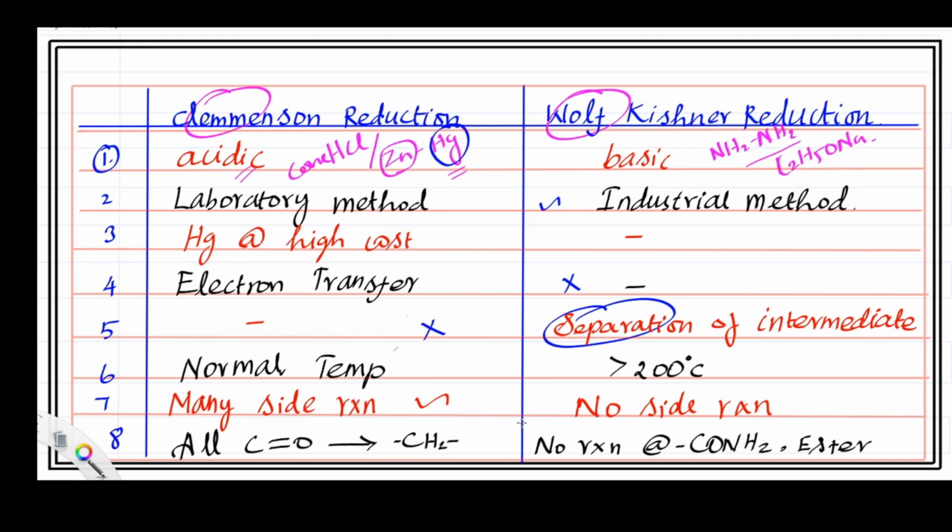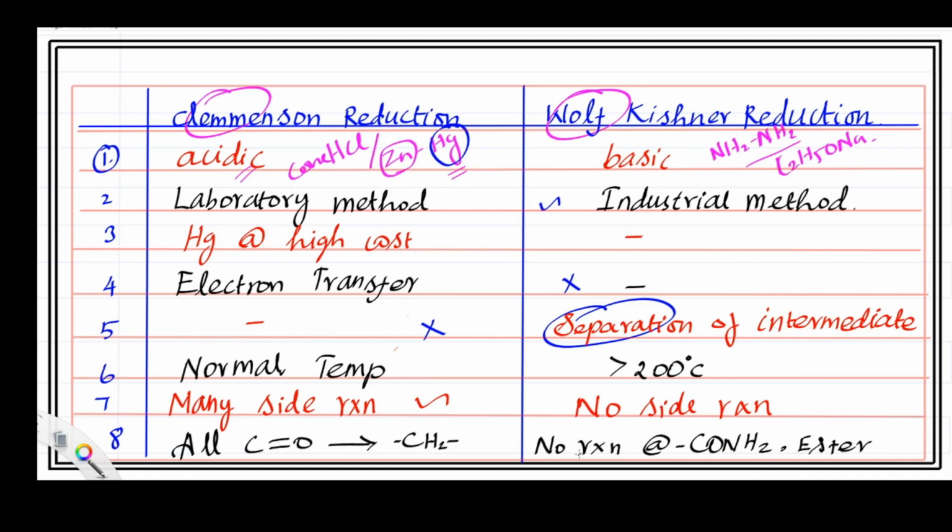And final one, this is the important point. In Clemmensen reduction, all types of carbonyl compounds, that is aldehydes, ketones, esters, amides, etc., are converted into CH2 group in Clemmensen method. But in Wolff-Kishner, amides and esters do not reduce the carbonyl group to CH2 group.